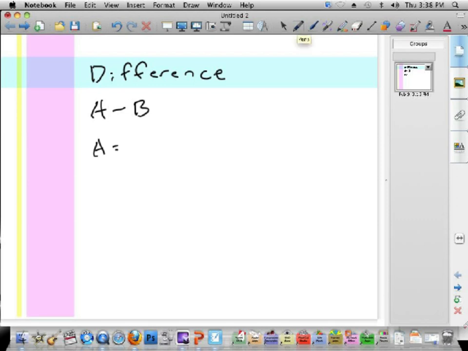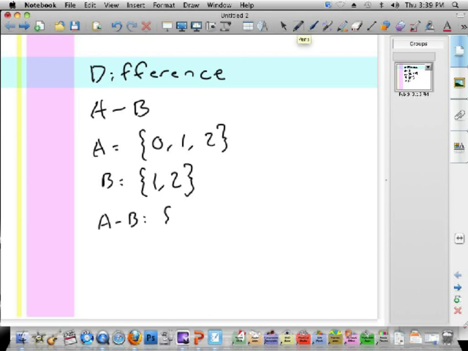Let A be the set containing 0, 1, and 2, and let B be the set containing 1 and 2. Therefore, the set A minus B is simply 0, because that is the only element that was in A and did not get subtracted away by B. So once again, this is pretty simple, but that's basically the difference of sets.